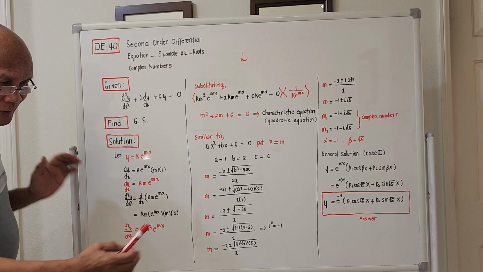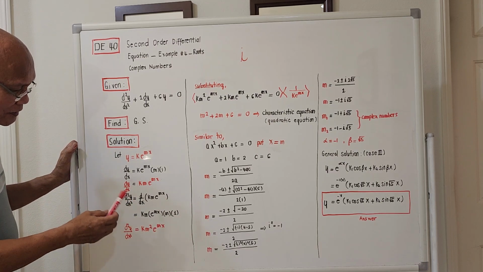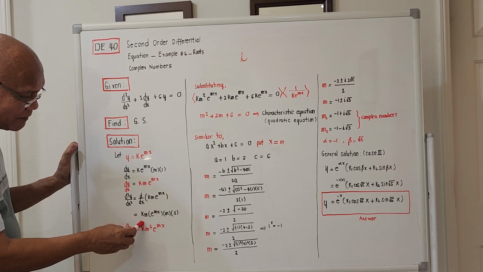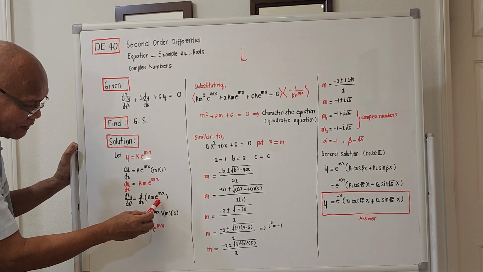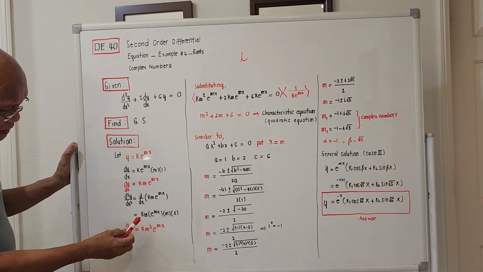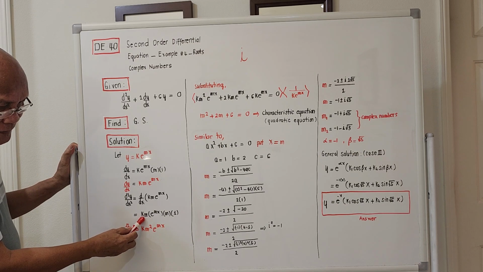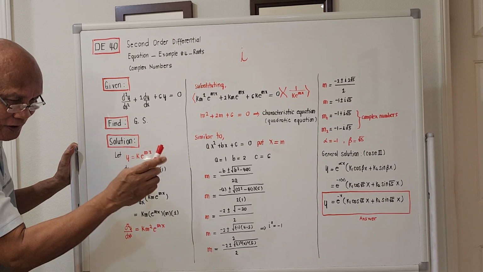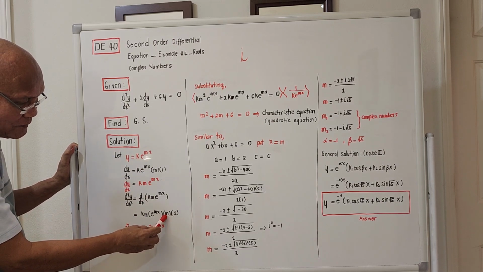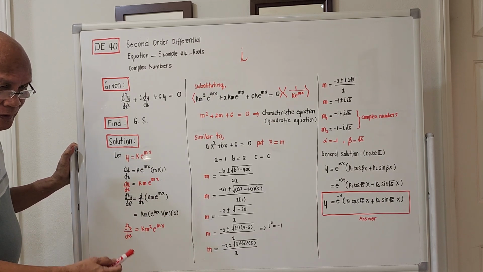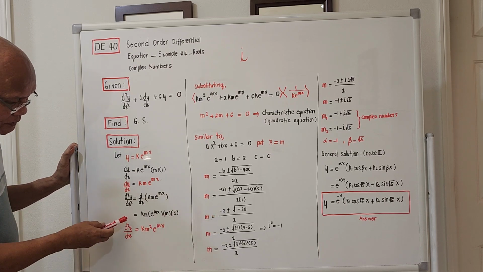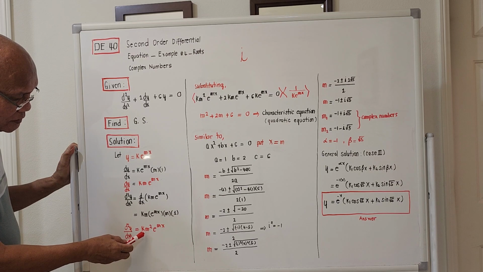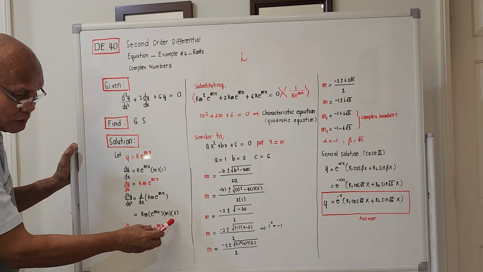So it becomes the differential of a constant km times an exponential function e to the mx, so it should be km times e to the mx times the differential of the exponent, which is m times 1. Simplifying, d squared y over dx squared is equal to km squared e raised to mx.